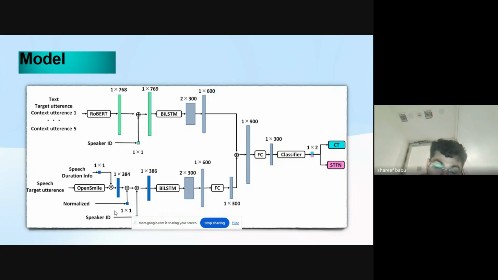Also, we gave a speaker ID, whether he's a client or the therapist, as a binary value of 0 or 1 as part of the feature vector. So these have again been given to the BiLSTM model.